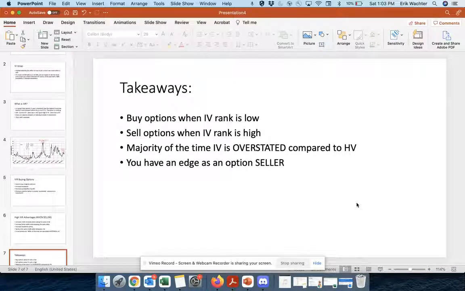So like we said before, the implied or expected volatility of an underlying is usually greater than what the actual or historical volatility ends up being. So this means that you actually have an edge as an option seller, and you have a larger edge when implied volatility rank is high.